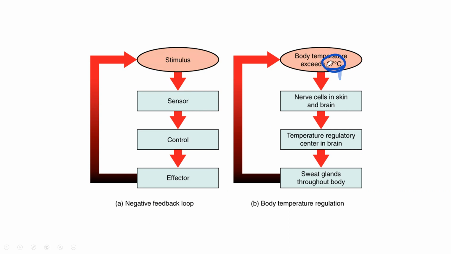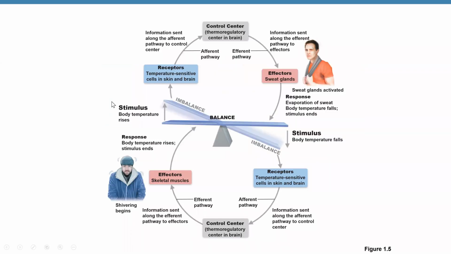Now it's above 37, so this information goes to the temperature regulatory center in your brain, and the brain will send information to sweat glands to start secreting sweat, and that will cool you down. So your body temperature hopefully goes back to normal. That's a negative feedback mechanism.